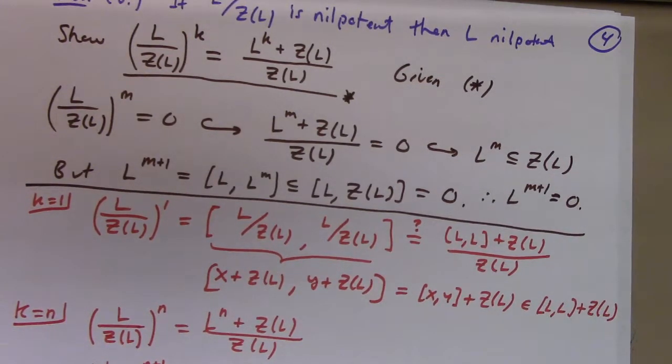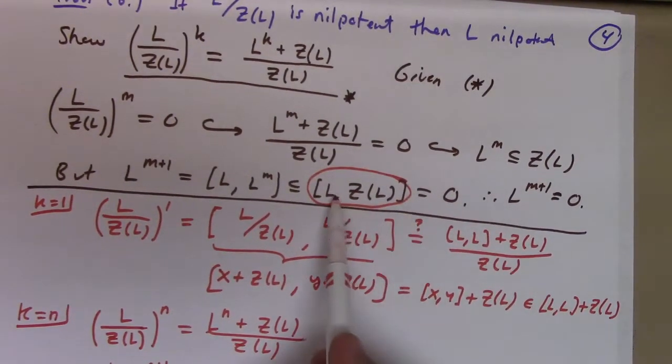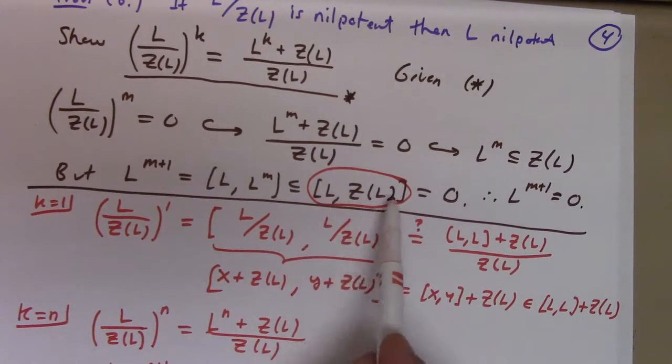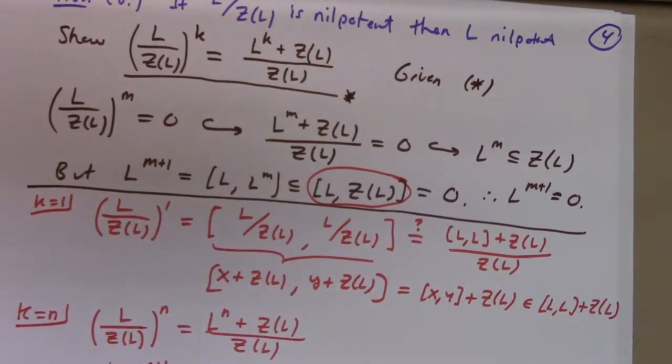We needed the center because this step right here, having it be the center of the whole algebra, is mission critical, because we're taking products with the whole Lie algebra, not just things in the derived series like the other one. The other one, because we work with the derived series, we're working with not L here but something smaller. So it sufficed to just have information about an ideal as opposed to the whole algebra. So you need the center here to make this work.